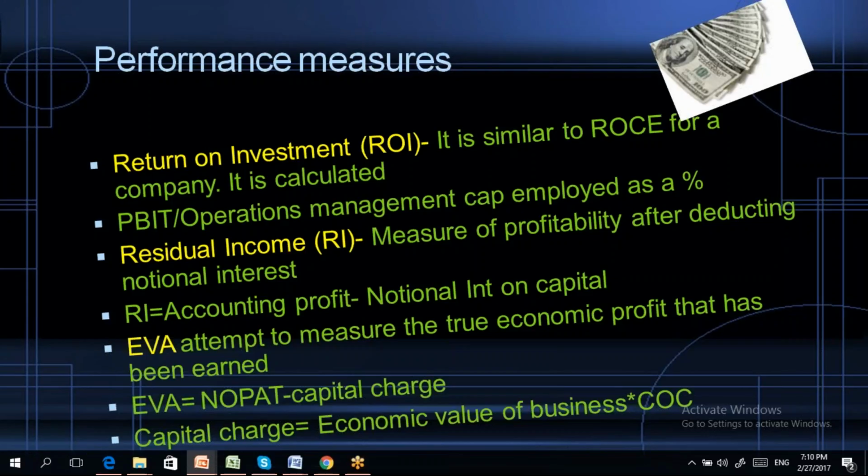In residual income, we use the accounting profit and the accounting value of capital employed. In economic value added, we use the estimated value of economic profit and also the economic value of capital employed. This is what we need to know.